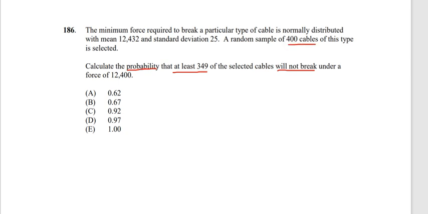So among 400, at least so many do not work. Okay, just like those problems. So each one has two cases: it can work or cannot work, right? So this is a binomial distribution. Binomial distribution. So here n equals 400.